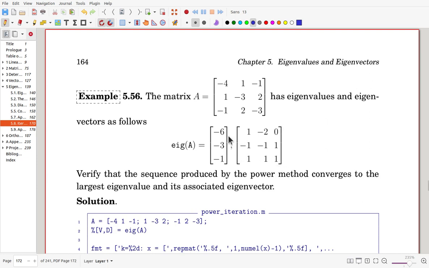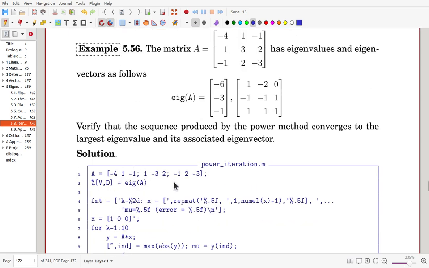This one is for minus 4, the middle column is for minus 3, and the last column is for minus 1. Now, we'll try to find this eigenvalue and eigenvector by using the power method.